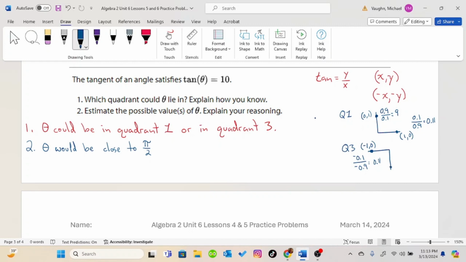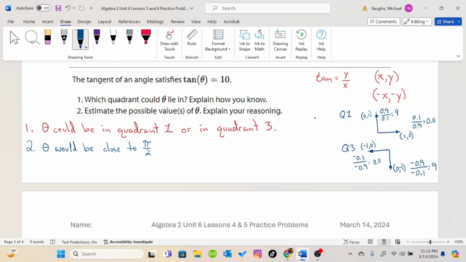But if we're really close to the bottom here, where x is 0 and y is negative 1, now we're really close to the point of negative 0.9 divided by negative 0.1, which would again equal 9.